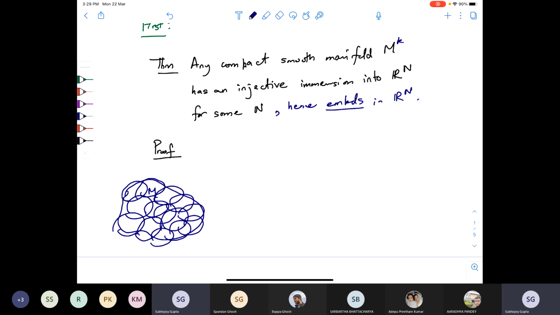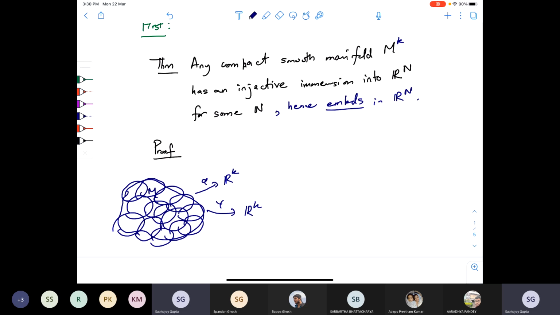And so the goal is to put these various charts together, all of these charts to R^k, but you somehow put all of these images together in some bigger Euclidean space so that it is still an injective immersion. Right? So that's the broad idea.